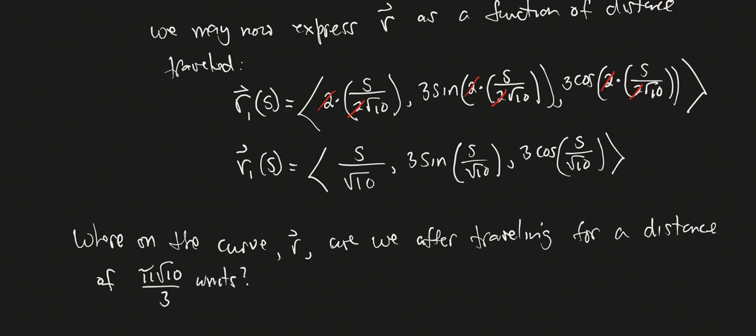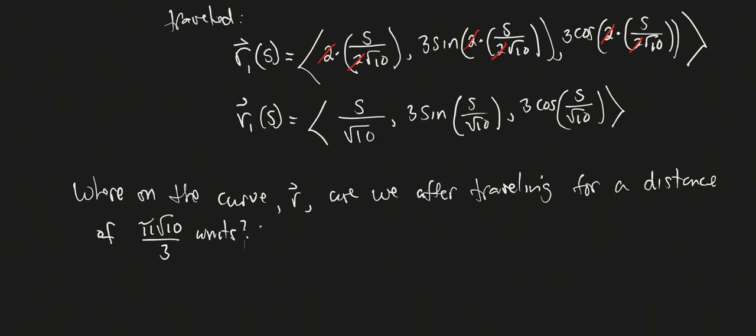Right? So again, this is the same curve. The interesting thing is that if we plot it in terms of s, or if we plot it in terms of t, it will look exactly the same. It is just defined differently. So it's the same object, but defined in terms of a different variable.